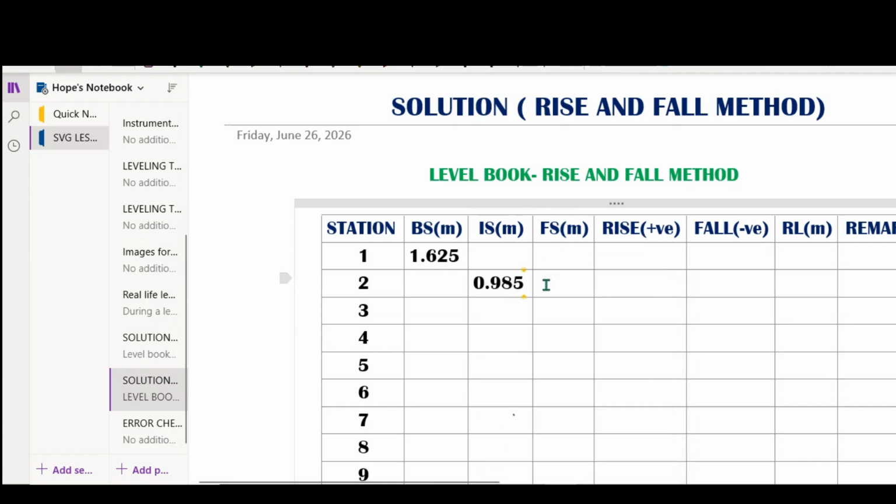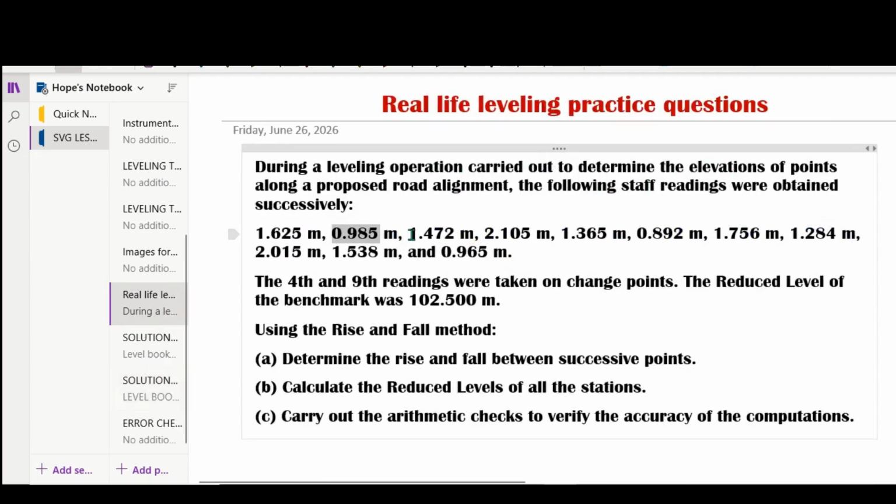Now you don't write on this place, because if you're writing here, it means you did not change the staff. Writing here means the position of the staff has changed to another position. The next one is still our intermediate, unless we reach a point where we need to change our point.